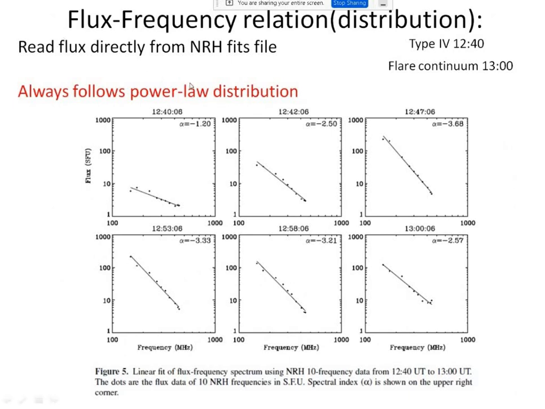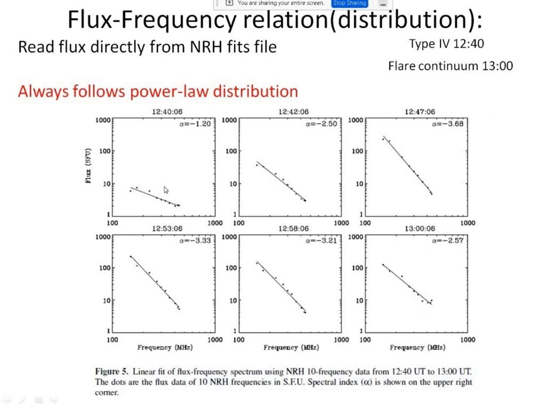This is the flux frequency relation. I will remind you again, this is the time for the stationary type 4 radio burst, and this is the time that the stationary type 4 radio burst ends. So we made the flux frequency correlation plot from the start of type 4 until the end of type 4, which is actually the start of the flare continuum.